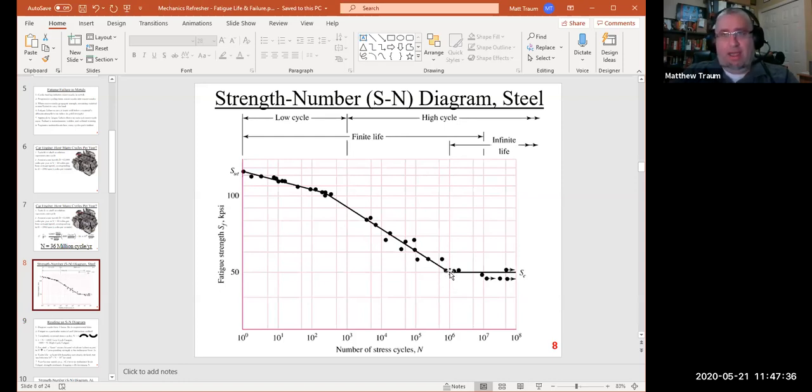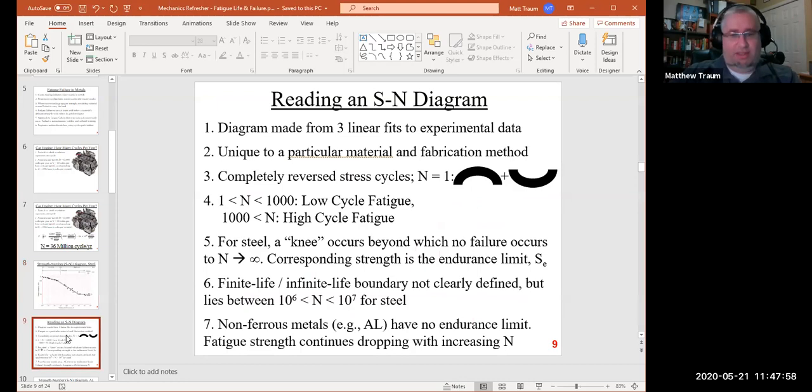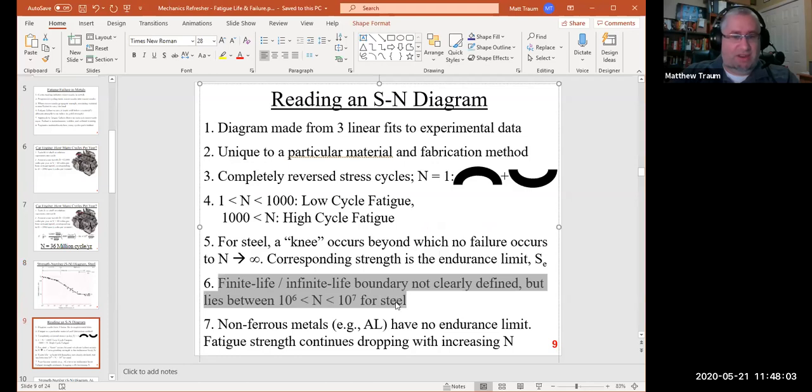But for different alloys of steel, or even similar alloys of steel that are fabricated in different ways, this point can move between 10 to the 6th and 10 to the 7th, right? So it can sort of live anywhere in there. And it's up to you as the engineer to identify where that point is for your particular alloy of steel and your particular manufacturing method. But that's basically just what that means, is that there is that knee point, and it lives somewhere from 10 to the 6th to 10 to the 7th.